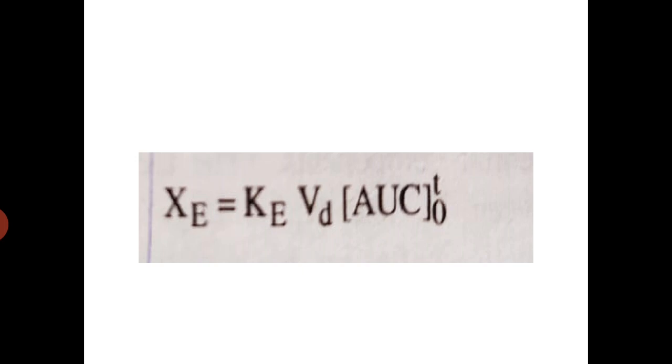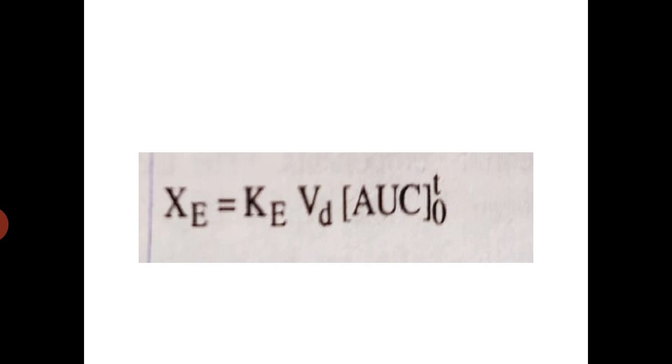Now what is Xe? Xe is equal to Ke Vd into AUC 0 to t. This is the first time you are seeing this equation. This equation is as per the non-compartmental analysis.